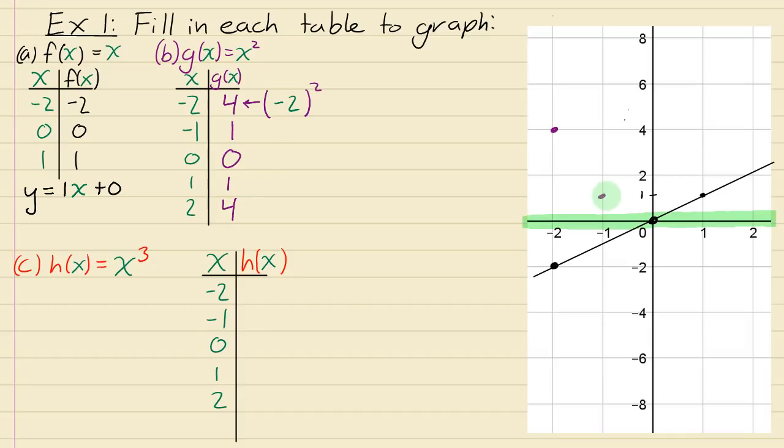Negative 1, 1 is here. 0, 0, 1, 1, and 2, 4. And you notice that it does have one point in common with the original linear function. The graph is a parabola, kind of like that. My parabolas are so ugly. Okay, something like that.